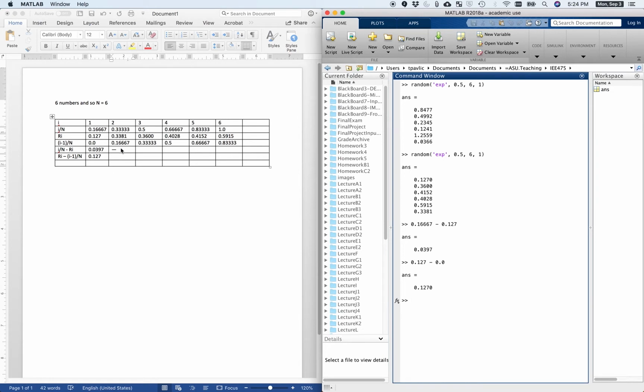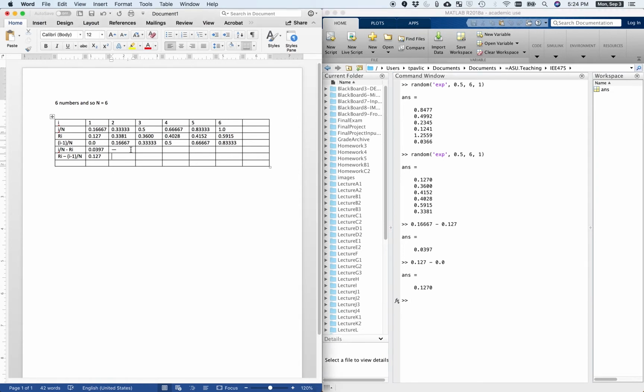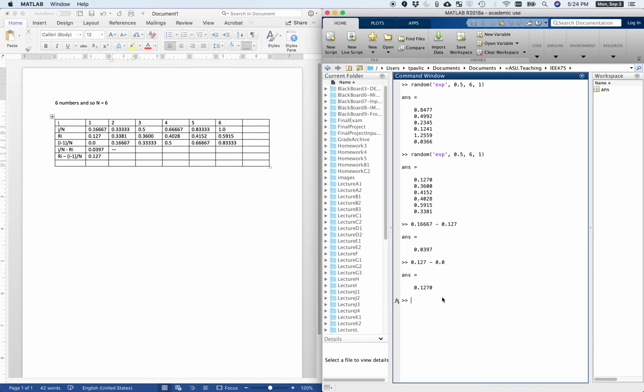So basically, if you didn't catch that, if any of these calculations come out negative, so if this one minus this one is negative, or if this one minus this one is negative, don't even bother with it, because in the end we're looking for the greatest positive number. So if they're going to come out negative, we don't care about them anyway. So I can just not even do that calculation. So here, 0.3381 minus 0.16667, so I'll go over here and do that. 0.3381 minus 0.16667, and I get 0.1714.